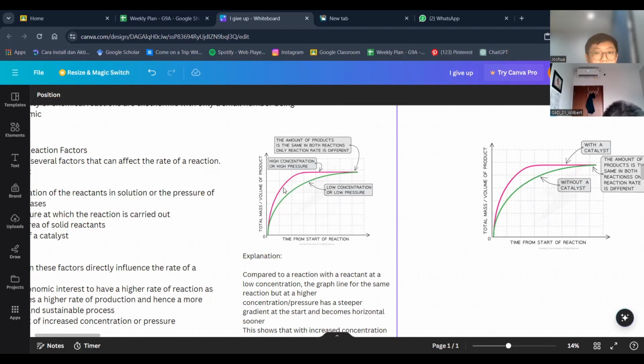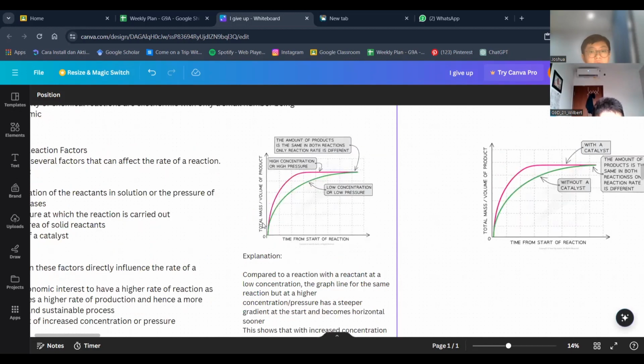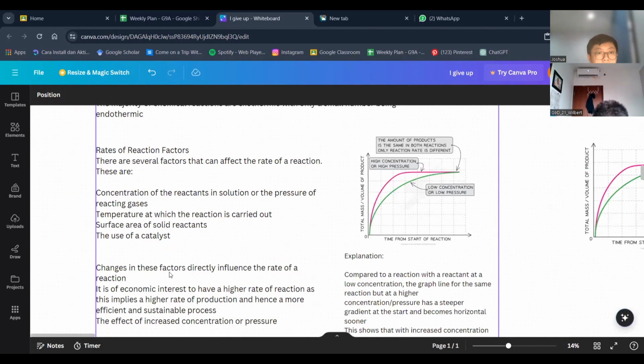So the higher the concentration and the increased pressure of gas, the reaction rate will increase. As you can see, the pink line had a much faster increase compared to the green one, because the green one had a lower concentration and lower pressure.